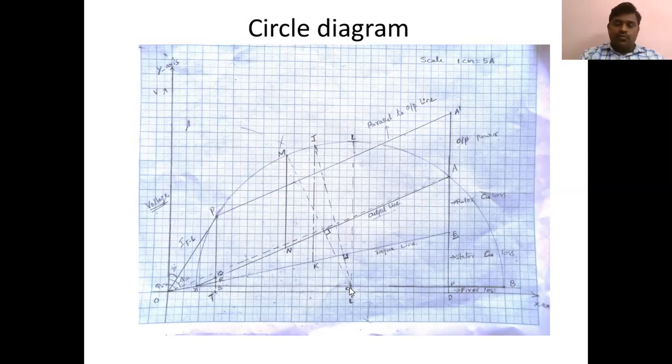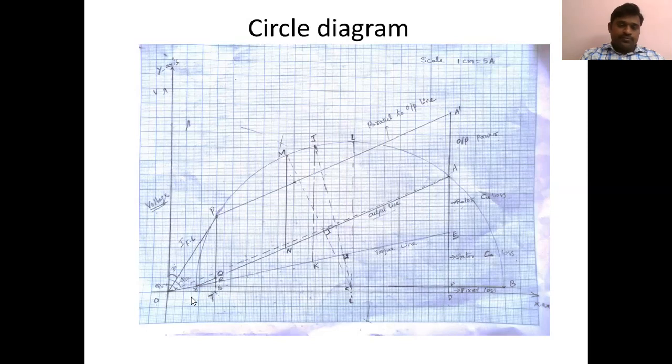Like this, we have to find the center for the given problem. From O dash C as the radius, draw a semicircle. Like this you can draw the semicircle for the given problem.